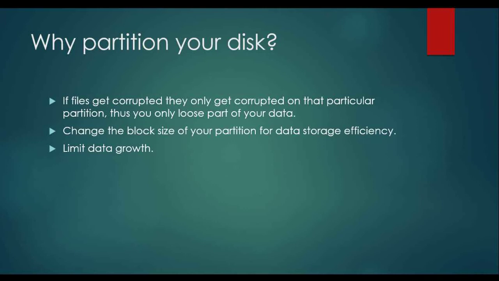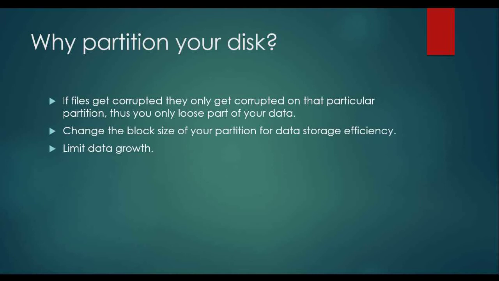Reasons why you may want to partition your disk are as follows. There are three main reasons that I ran across in my research. By doing so, you can localize the corruption of files to one partition. If your 250 gig partition got corrupted, then the corruption would only stay in that particular area of the disk.